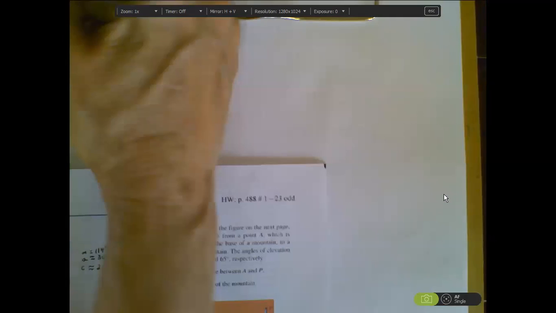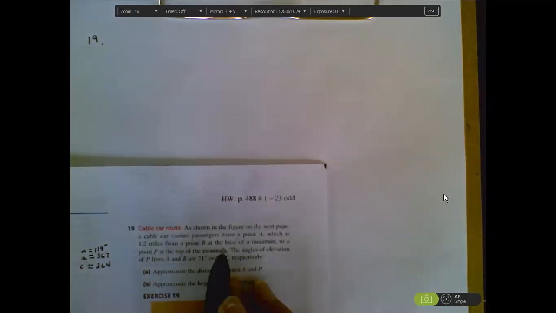Number 19 says, a cable car carries passengers from point A, which is 1.2 miles from a point B at the base of the mountain.